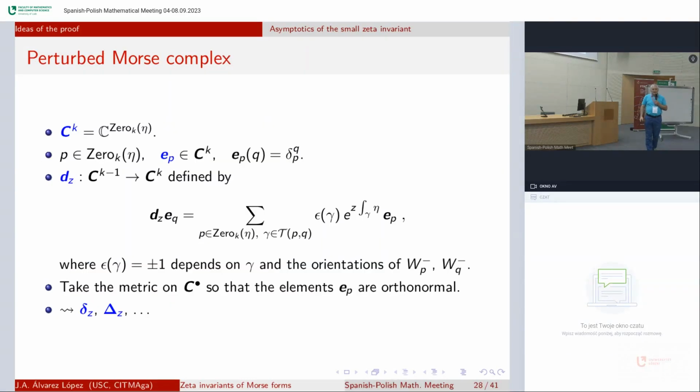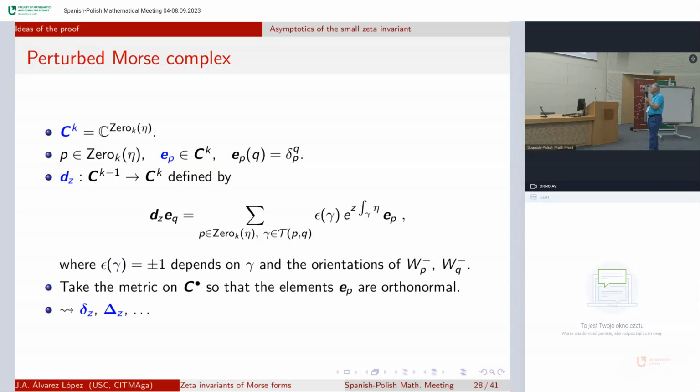Okay, now let me talk about the Morse complex, or a twisted Morse complex. We take the vector space generated by these zeros. And for each zero, we have an element which has the value 1 at this zero point and 0 at other zero points.